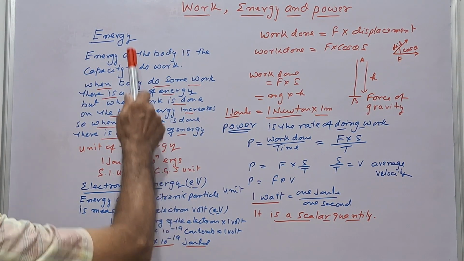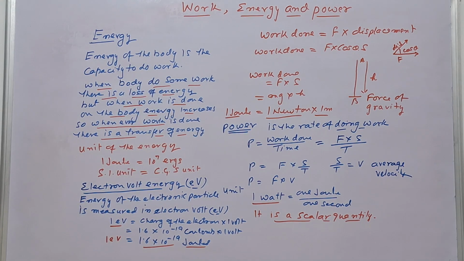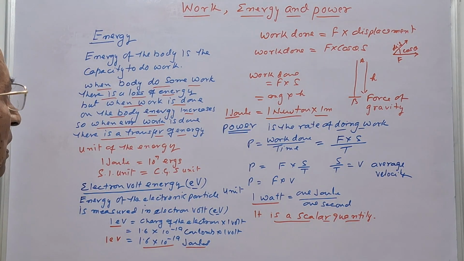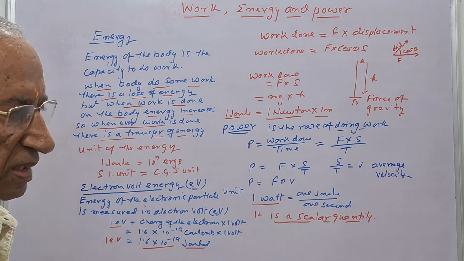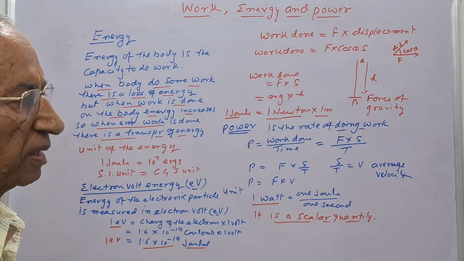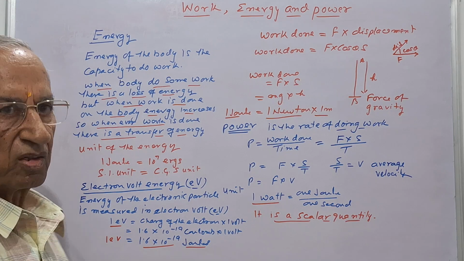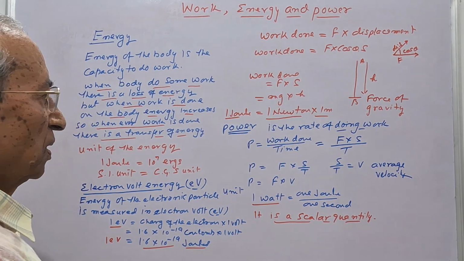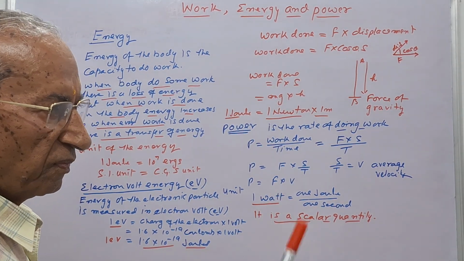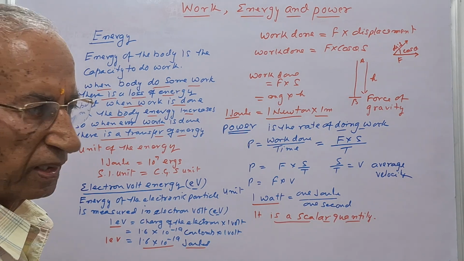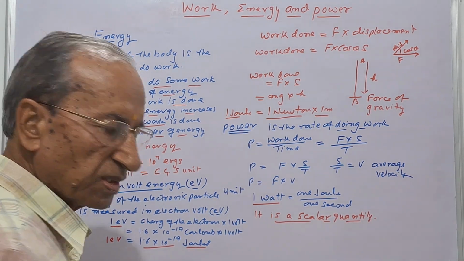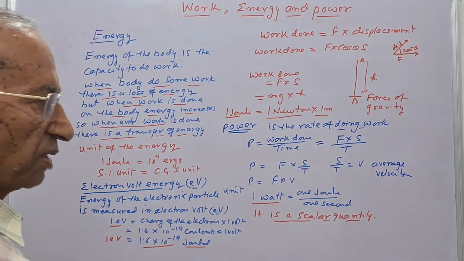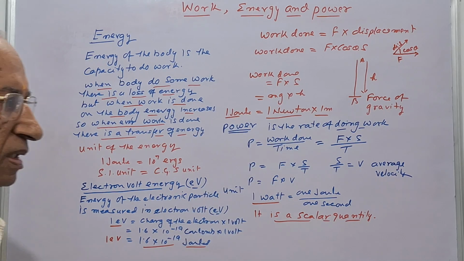Now a very important thing is energy. In my last video I explained that whenever physical work is done by the body, there is a loss of energy, and this loss of energy is directly proportional to the work done.